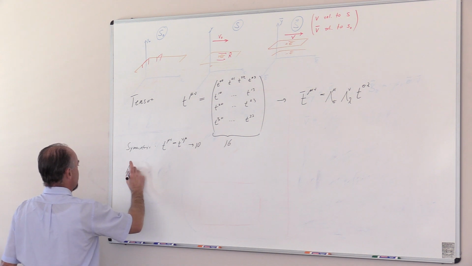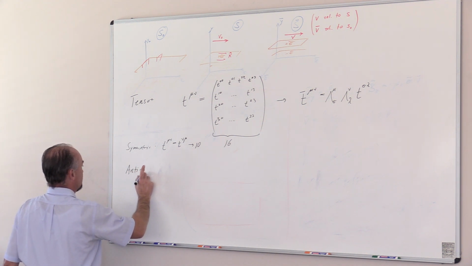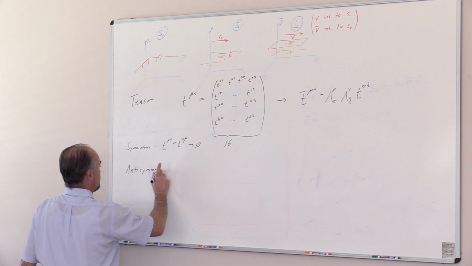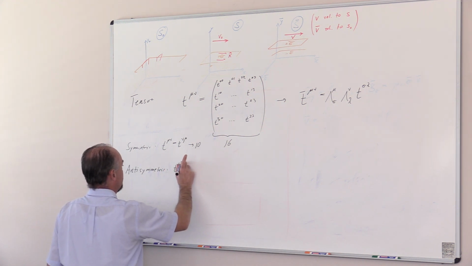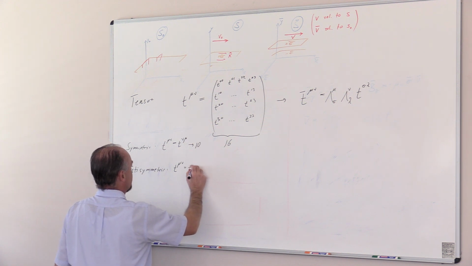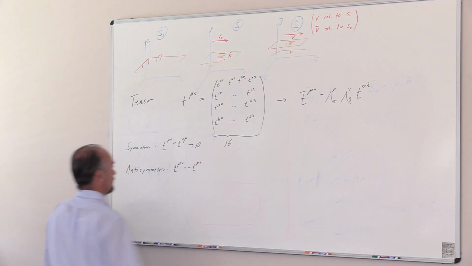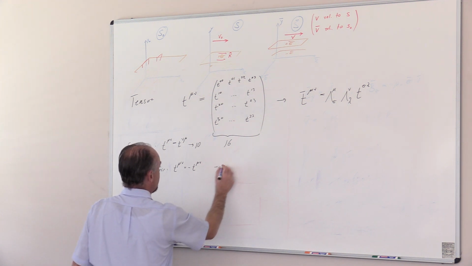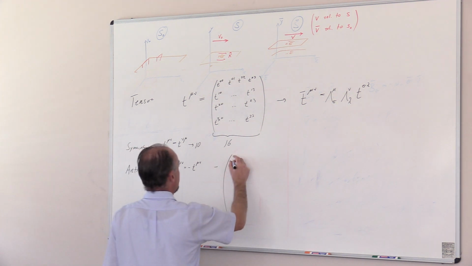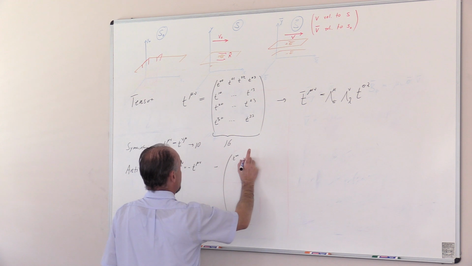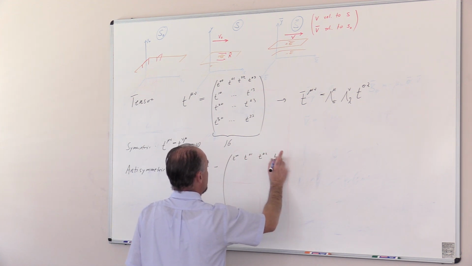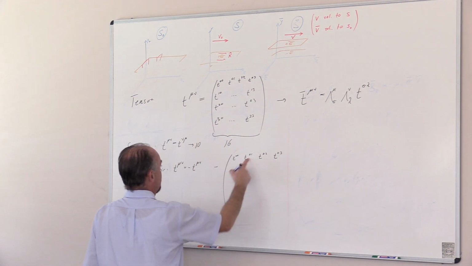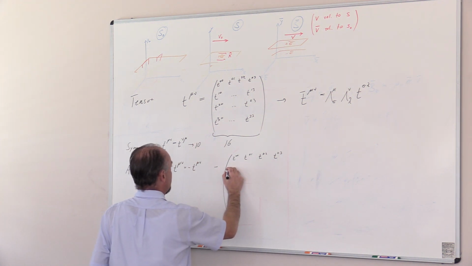What if we say this is anti-symmetric? That means T^{μν} would actually be minus T^{νμ}. So the tensor is T00, T01, T02, T03. But then T10 must be minus T01.